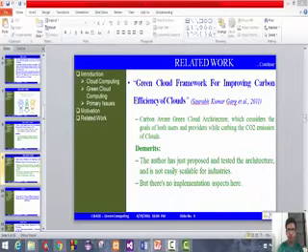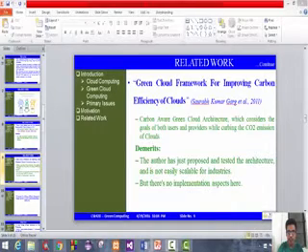The other paper is Green Cloud Framework for Improving Carbon Efficiency of Clouds. The energy efficiency of ICT has become a major issue with the growing demand of cloud computing. More and more companies are investing in building large data centers to host cloud services. These data centers not only consume huge amounts of energy but are also very complex in infrastructure itself.